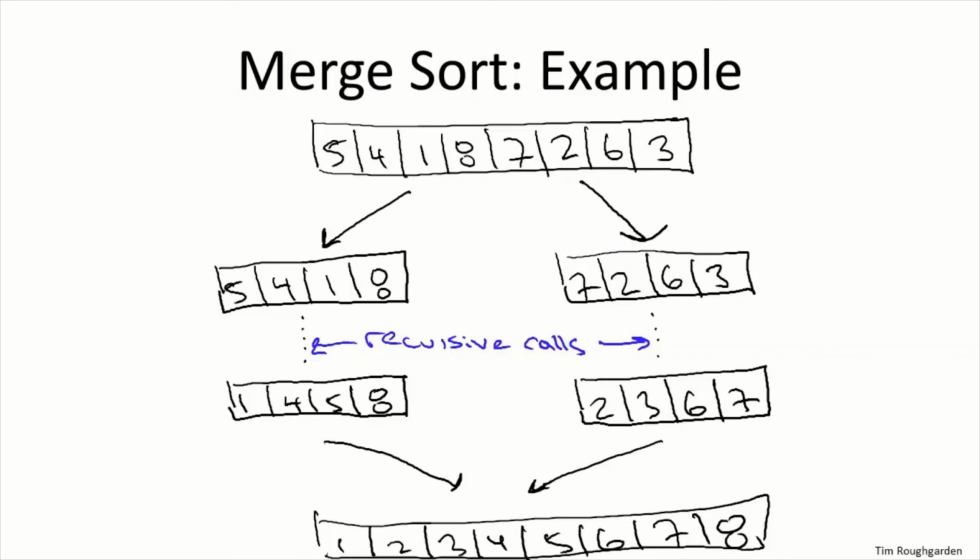In effect, you just walk pointers down each of the 2 sorted subarrays, copying over, populating the output array in sorted order. But I will give you some more details in just a slide or 2. So that's merge sort in a picture. Split it in half, solve recursively, and then have some slick merging procedure to combine the 2 results.